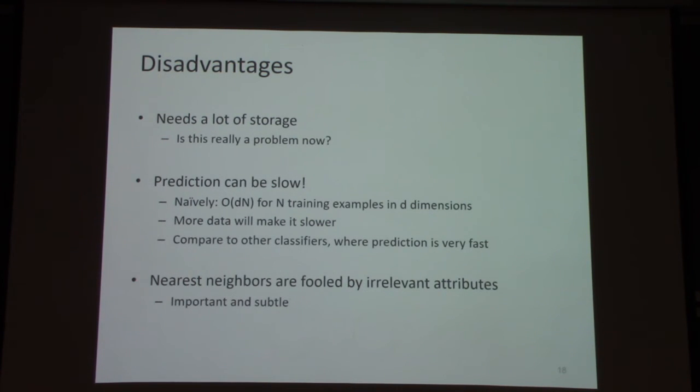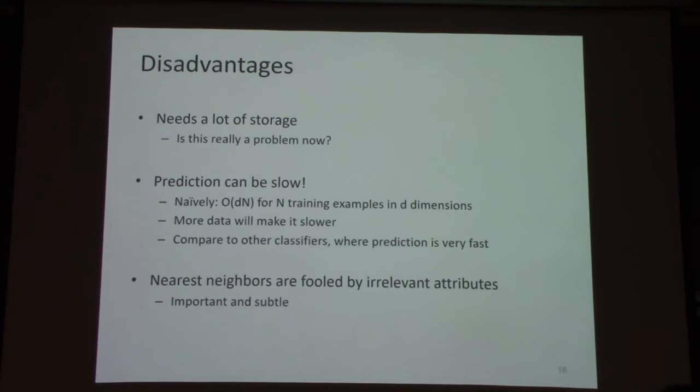The problem with the nearest neighbors classifier is that it's actually extremely inefficient. It can be inefficient with respect to storage. I am not entirely convinced this is a real problem because storage, from what I hear, has become free. The real problem with the nearest neighbors classifier is that prediction can be slow.